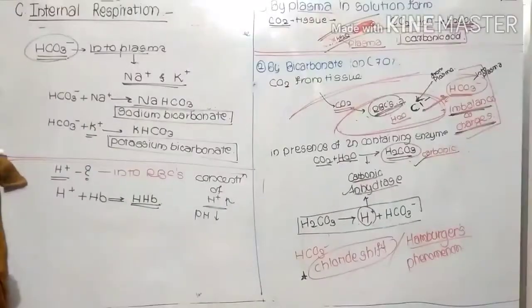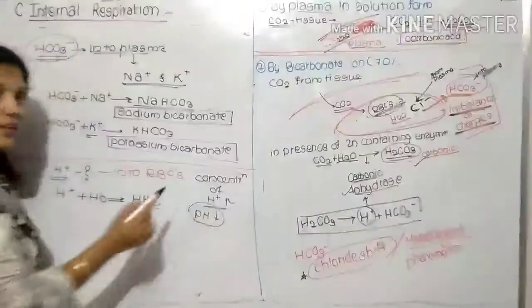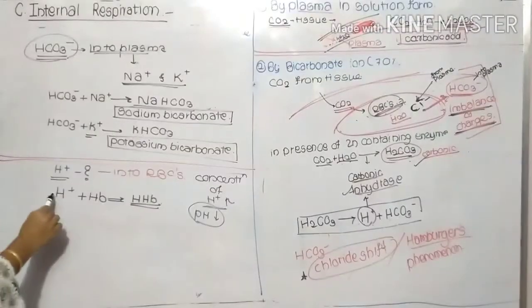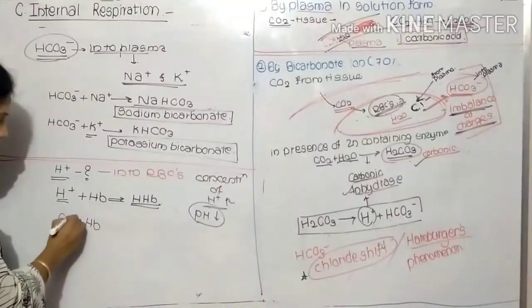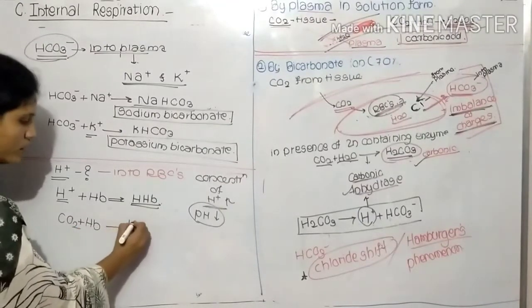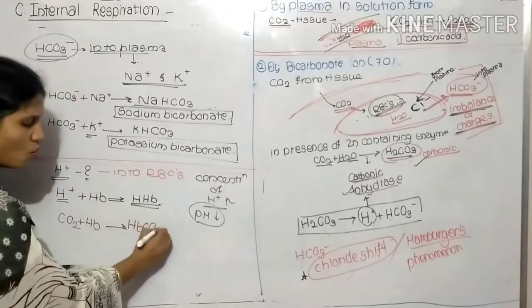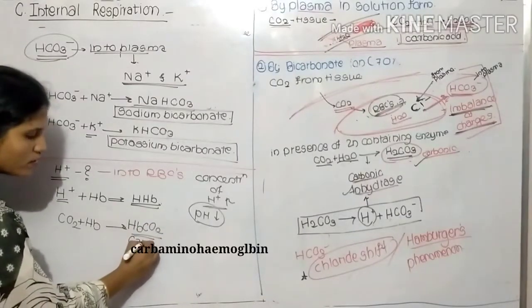But it's not good for the blood, it is not good for the human being. So that's why afterward, instead of combining with this hydrogen, this hemoglobin combines with carbon dioxide and forms HbCO2, which is known as carbaminohemoglobin.